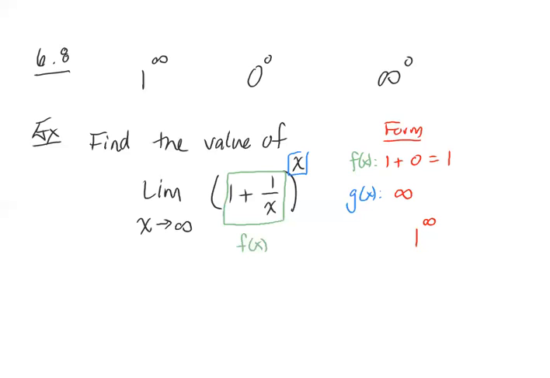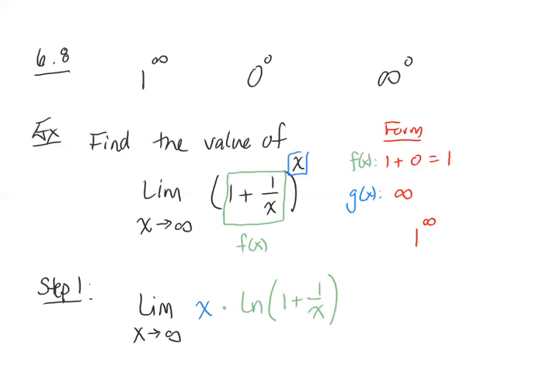So, first step, step 1, I'm going to evaluate the limit as x approaches infinity of g of x, which is x, times the natural log of f of x. F of x is 1 plus 1 over x.